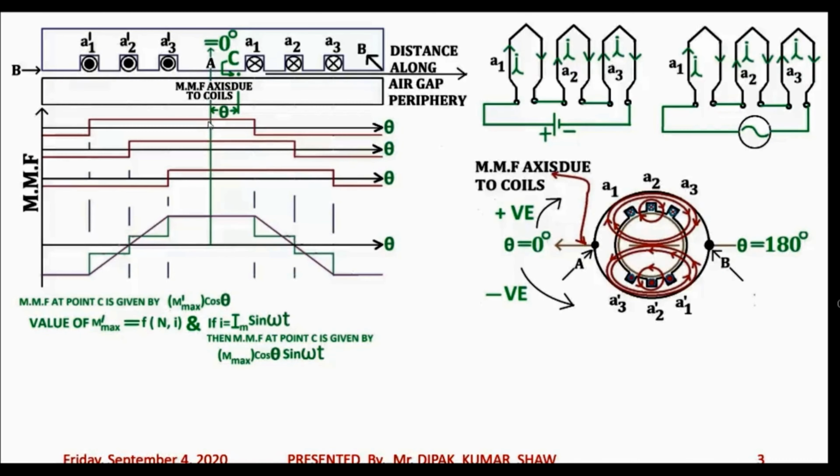If you put theta equal to 0 degrees, cos 0 is 1, and the MMF at the point in the air gap in front of point A will be maximum at instant omega t equals 90 degrees, because then sine omega t is 1. So the value m max is obtained at the air gap in front of point A on the stator core, and this will be m max only at which time instant? At omega t equals 90 degrees, not otherwise, isn't it?